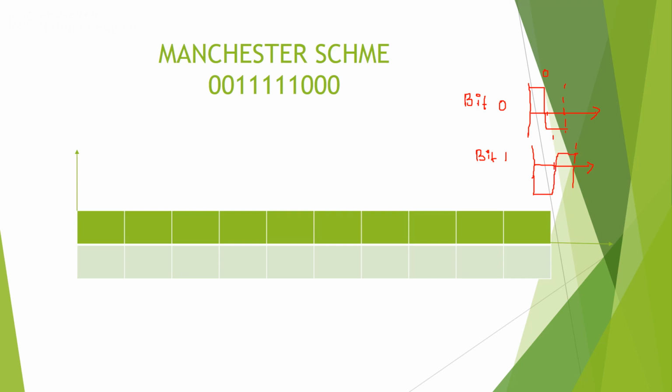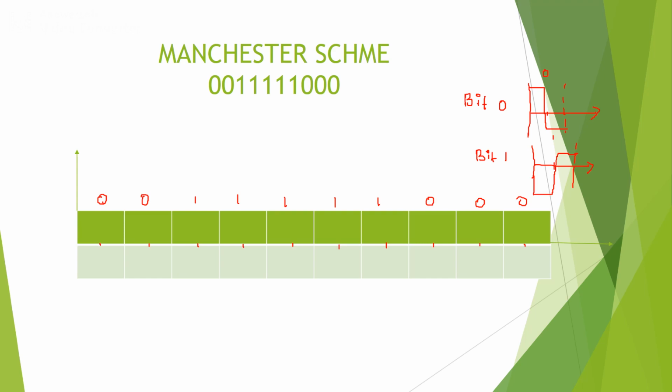So we will solve the given pattern 0 0 1 1 1 1 1 0 0 0. I will take the intermediate points at the center of each bit.